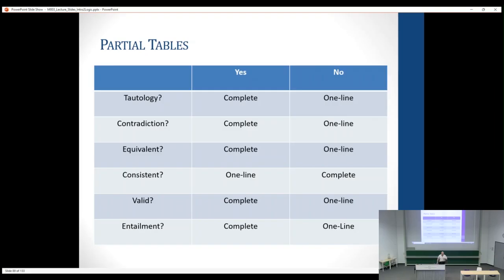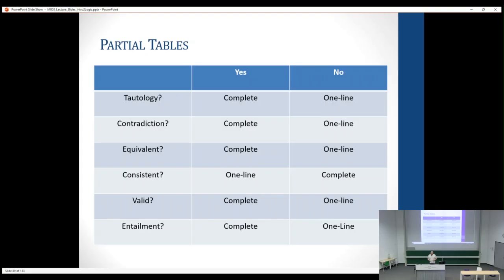Same thing when we're thinking about equivalence. Tautological equivalence says they have the same truth value in every valuation. So if you have a pair of sentences to show that they are not equivalent, we can get away with just one valuation. What's that valuation going to do to show that they're not equivalent?